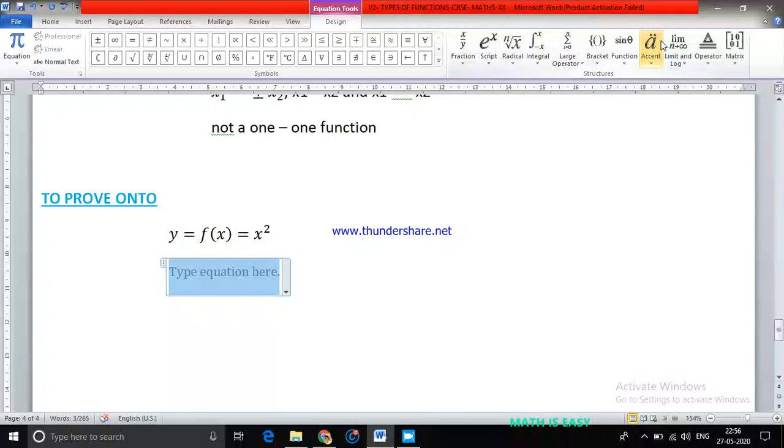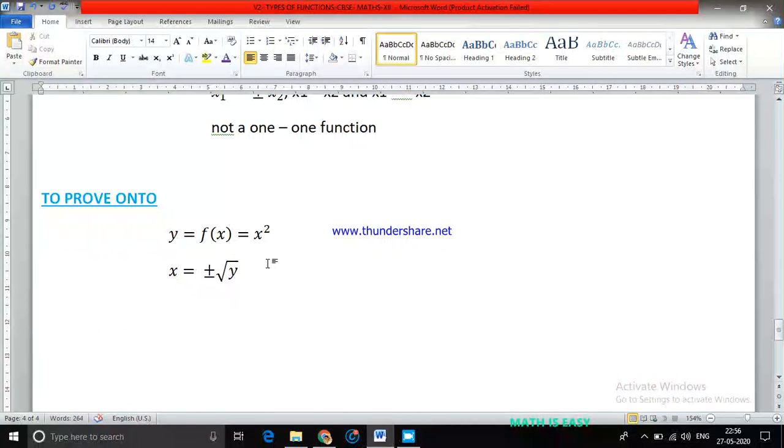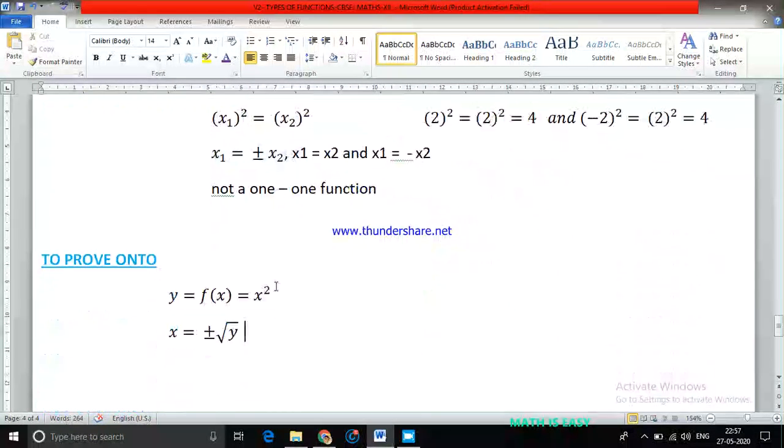So y equals x square, then I can write x equals plus or minus root y. Now I have to check that for any value of y, there must be a corresponding x. Here the function is defined from Z to Z, so y has to be an integer and x also has to be an integer.